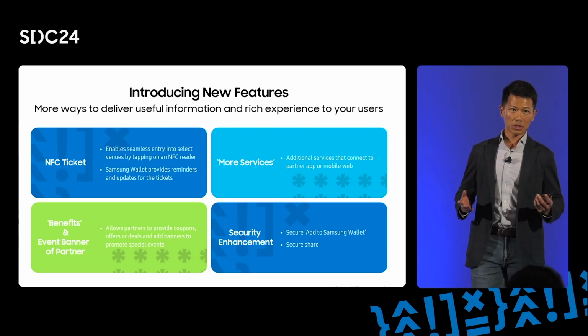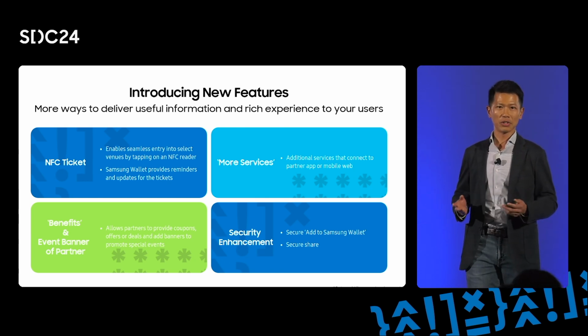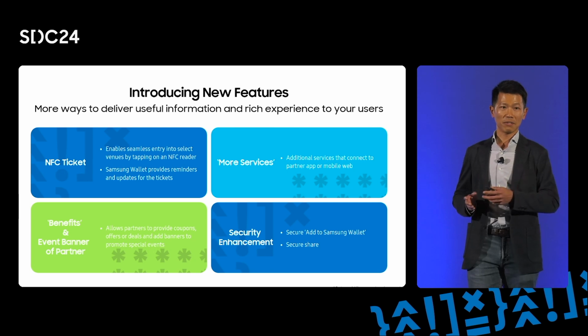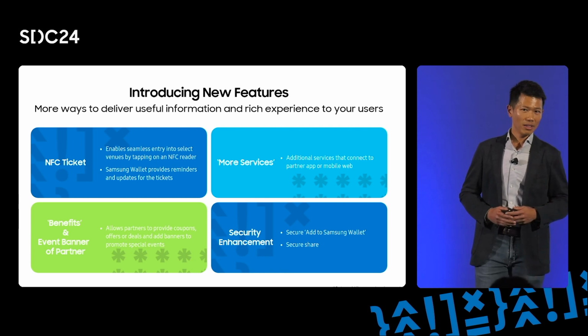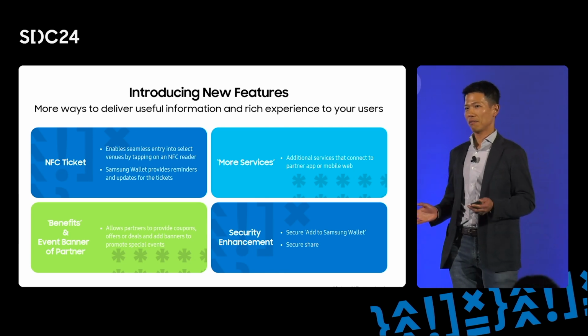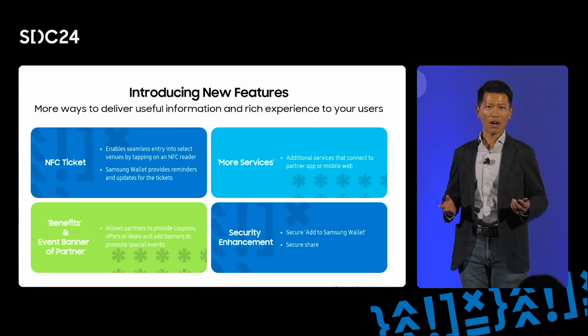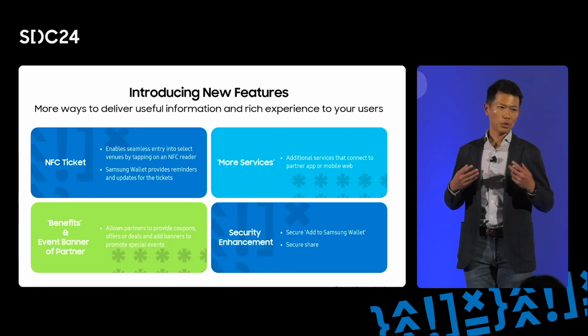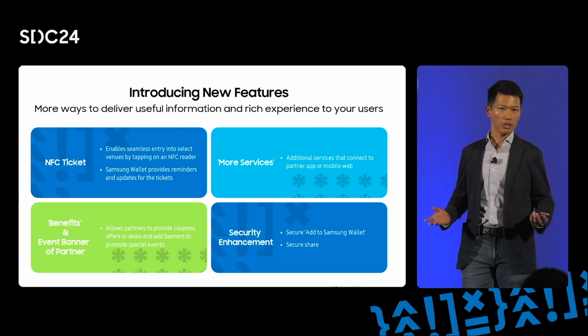And we're also pleased to announce a more services menu that would allow our partners to introduce links to specific locations within the partner app or mobile web. We're also working on a benefits menu as well as partner event banners to allow our partners to provide coupons or offers or promote special events to their users.